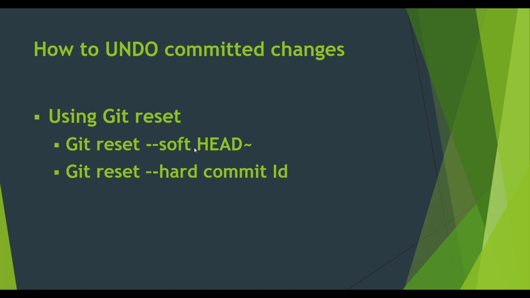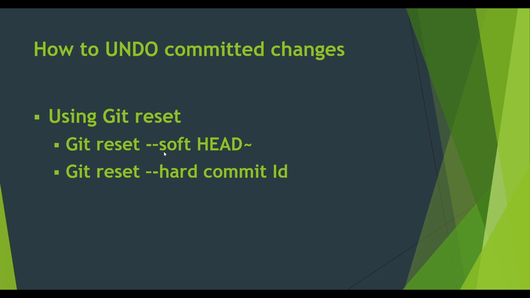In that we can use two commands: git reset hyphen hyphen soft head, and if we provide a number, for example 3, after the tilde, the head will reset to 3 commits back. So this is how we can use git reset hyphen hyphen soft.